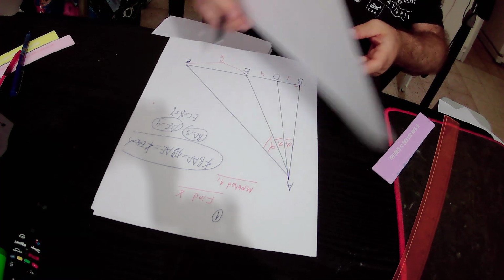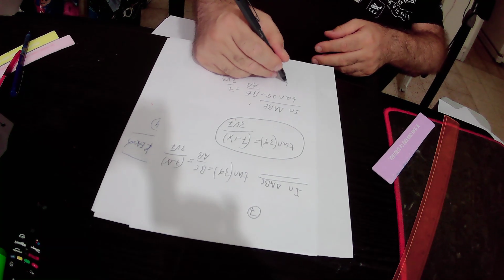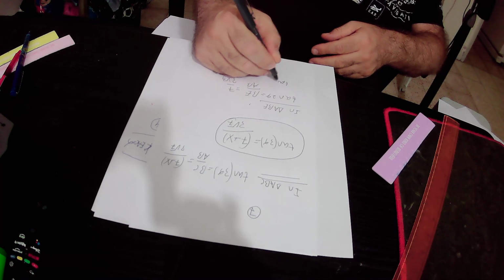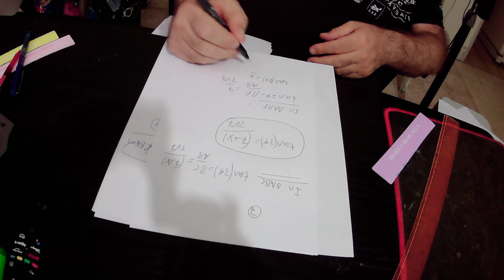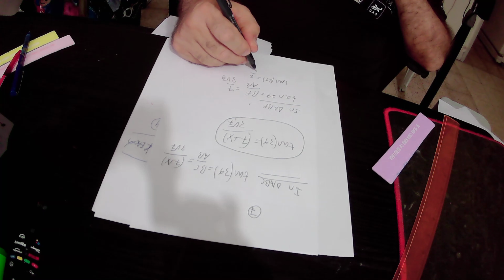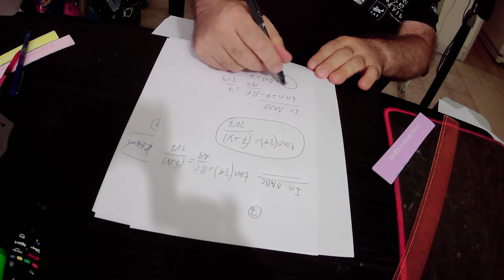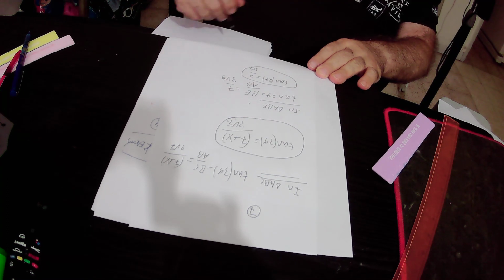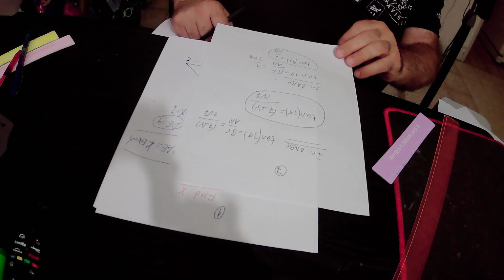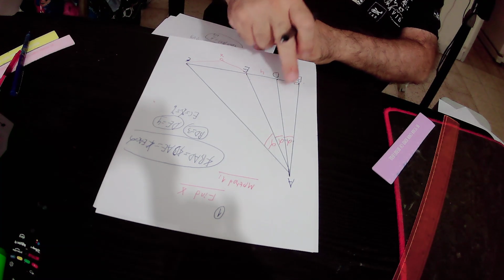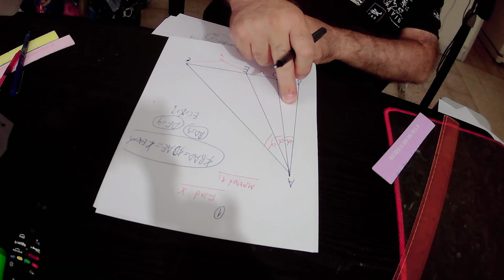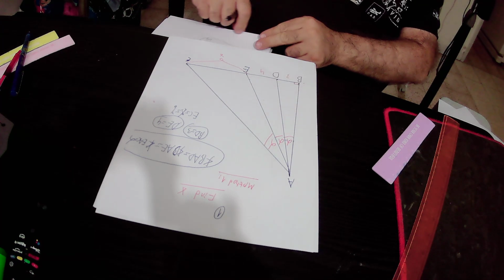So I'll write it here that tangent 2 alpha equals 7 over 3 times root 7. So in the next step we will focus on triangle ABD, the right triangle, triangle ABD.